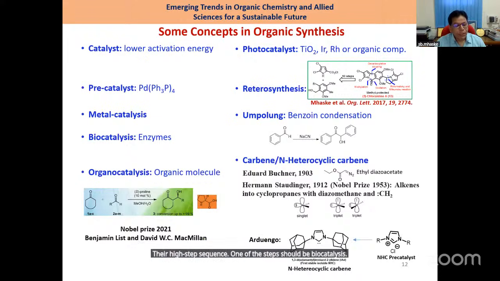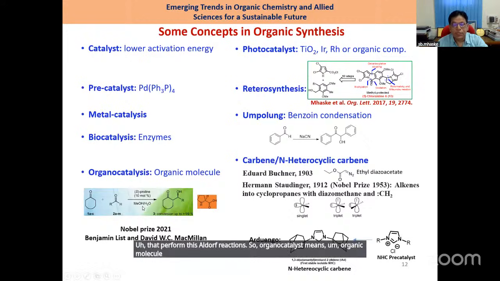In organocatalysis, as you know, in 2021, Benjamin List and David MacMillan received the Nobel Prize in this chemistry area. And herein, proline, which is a naturally occurring amino acid, performs these aldol reactions. So organocatalyst means an organic molecule doing the organic transformation.